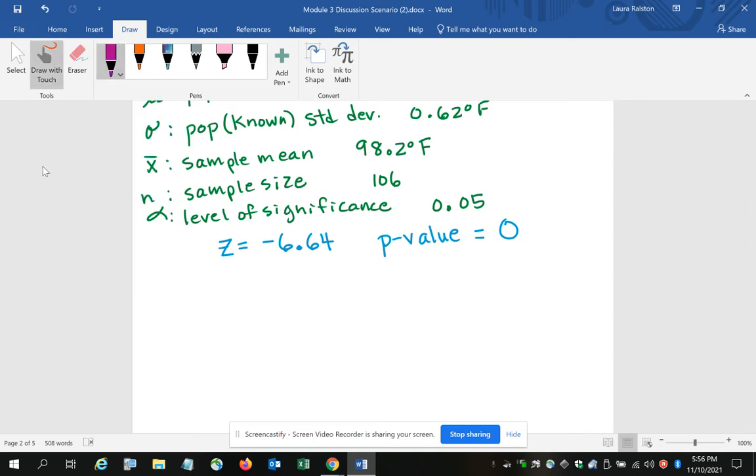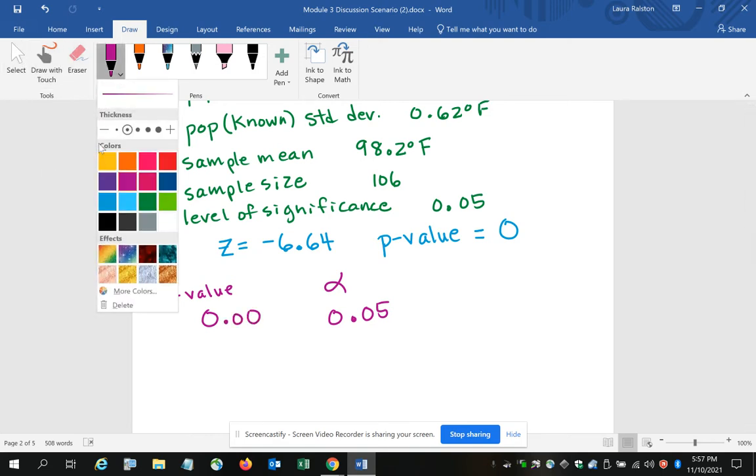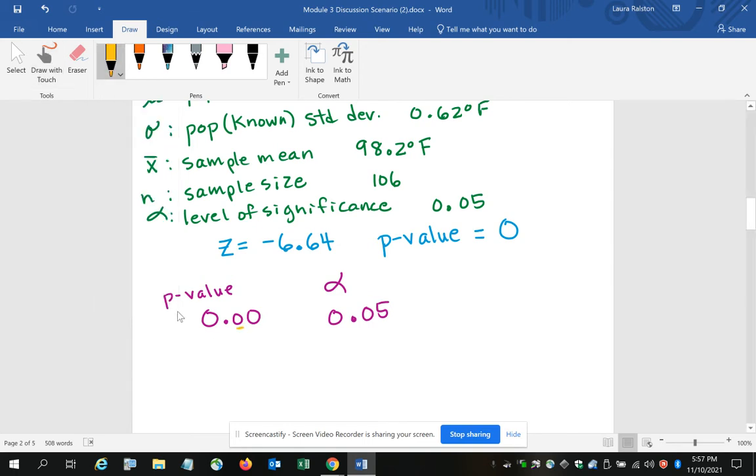To make a decision, I compare that p-value that I just got from Minitab of 0 to alpha, which is my level of significance. Now, I usually tell students to do this digit for digit, to try to avoid a mistake. So if I compare the first digit after the decimal, 0 to 0, there appears to be no difference. Then I have 0 compared to 5.